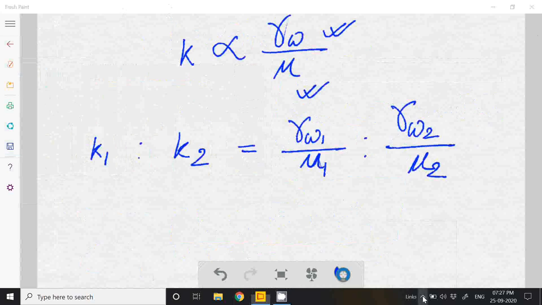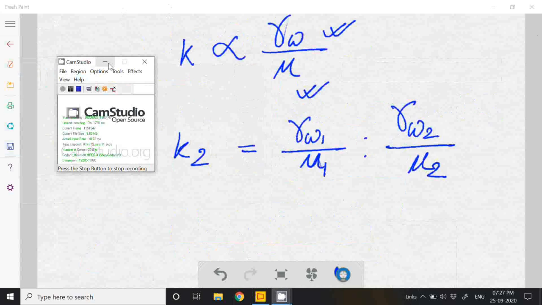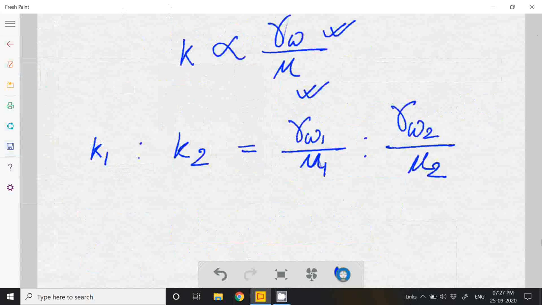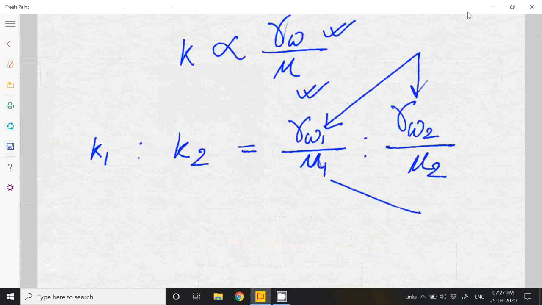Generally this is not so common. Obviously, the terms below are the viscosity, and these are the unit weight.